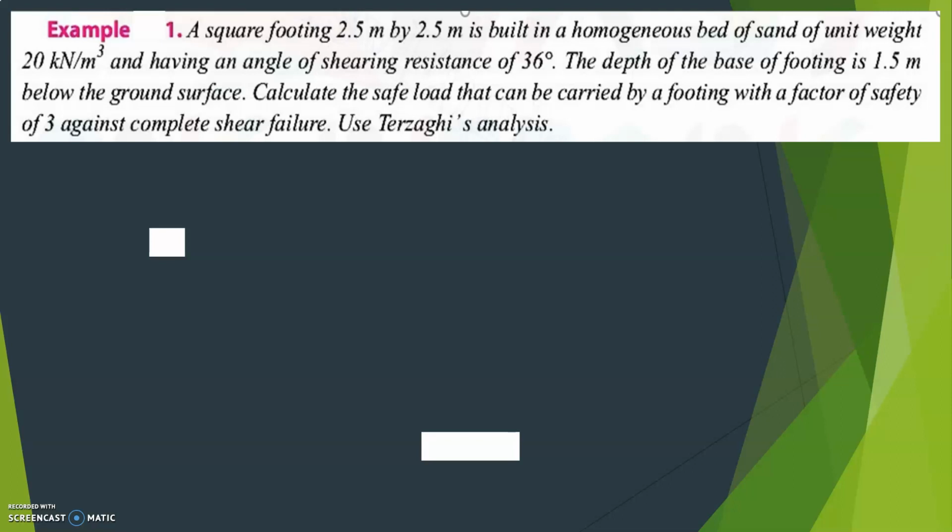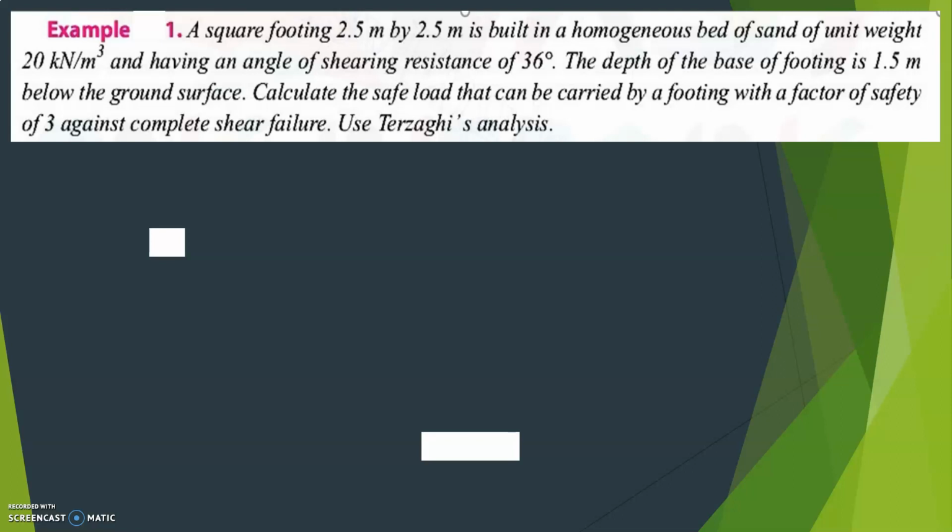Okay, so these three things you should always remember. The first one is ultimate bearing capacity, that is a different formula for different types of soils and different types of footing. There are four types of footing: square footing, rectangular footing, circular footing, and strip footing.